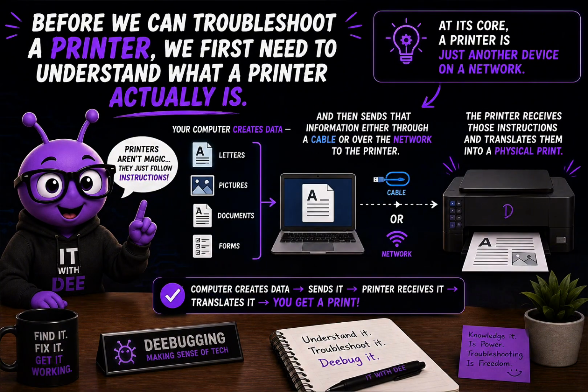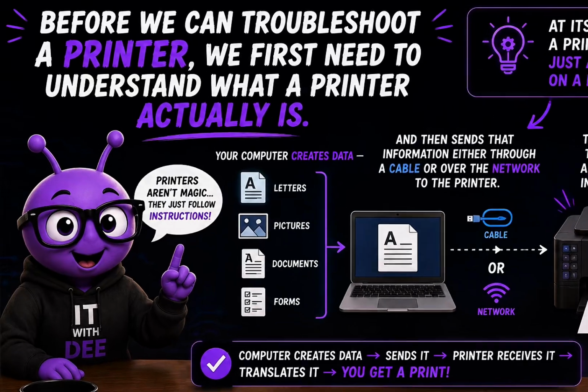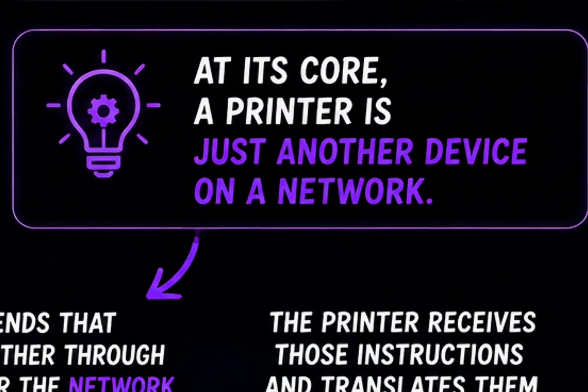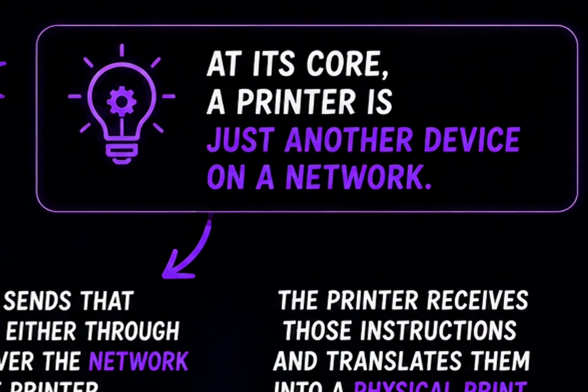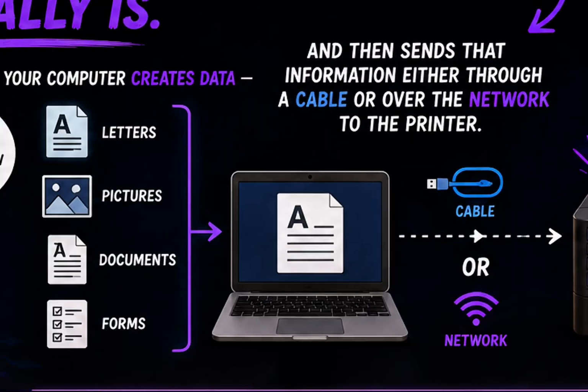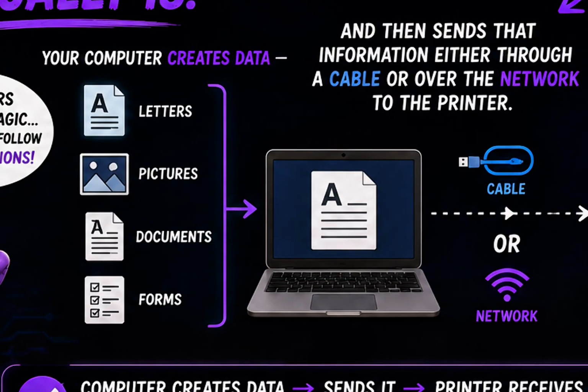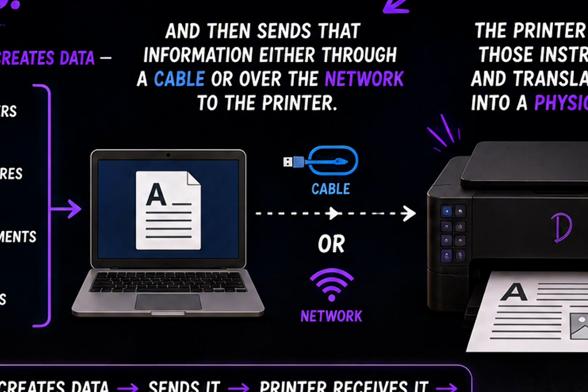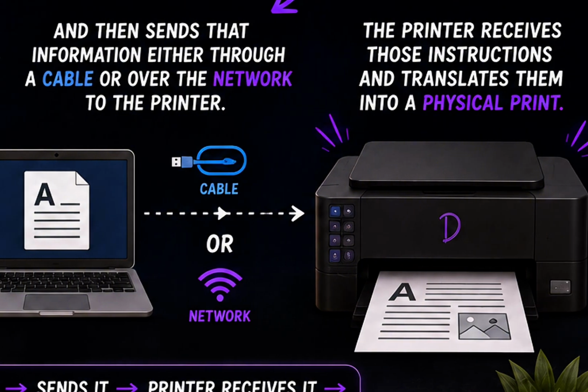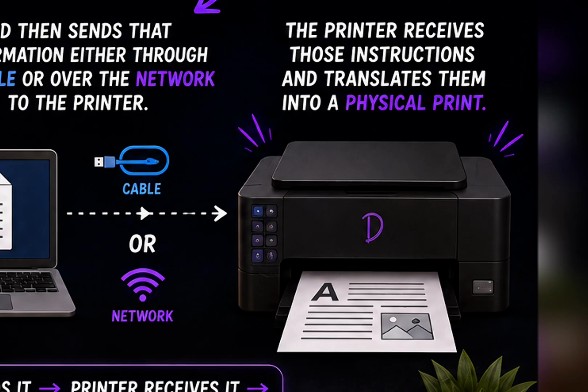Before we can troubleshoot a printer, we first need to understand what a printer actually is. At its core, a printer is just another device on a network. Your computer creates data, letters, documents, forms, and then sends that information either through a cable or over the network to the printer. The printer receives those instructions and translates them into a physical print.